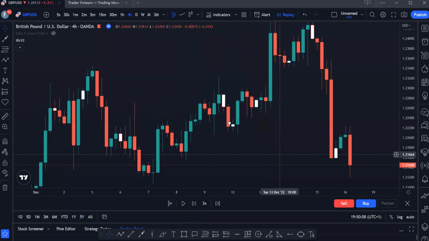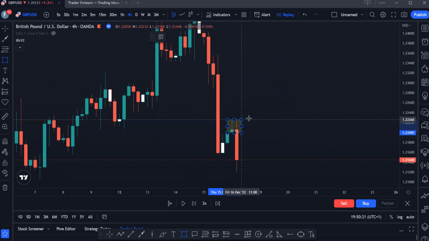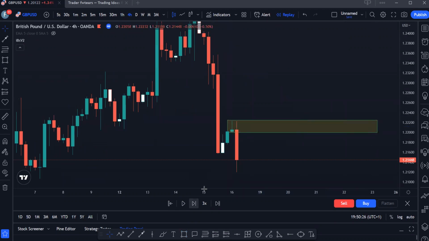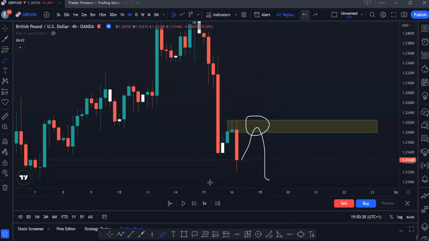When you know that price is in a downtrend, you want to identify the most recent resistance. Over here, this is a resistance zone. So when price retraces into this resistance, you want to look for sell opportunities in this zone after you've made your confirmations. Let's play it forward and see what price did at that retracement.